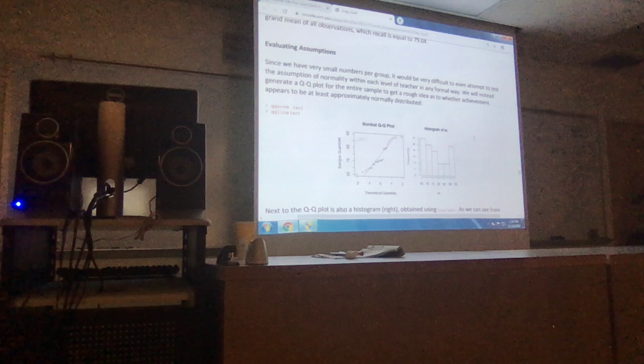Some people get really into those things, they want to do all kinds of transformations. Usually you don't need to unless there's really serious issues, and check with the person you're working with, plot out your distributions, have a look, be interested in your data, get to know your data, do a little bit of what they call exploratory data analysis, and if there's a serious problem, you might have to make a slight adjustment.